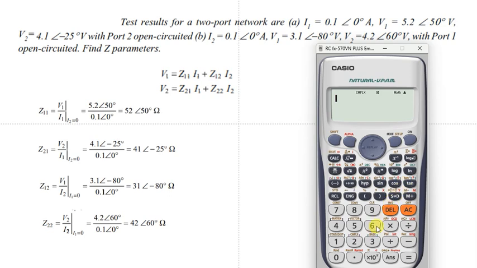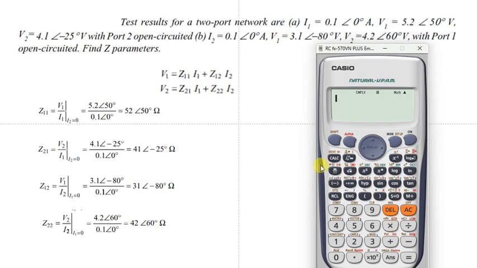Z21 is V2 by I1. Sorry, this is Z12 is V1 by I2. I'm calculating this now. Z12 with port 1 open circuited, Z12 is V1 by I2.